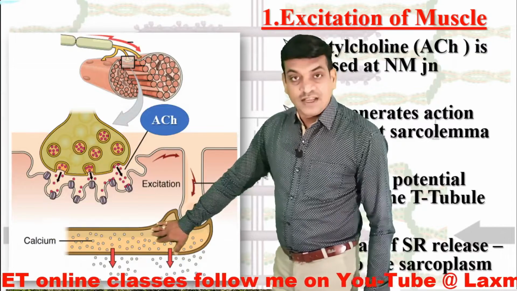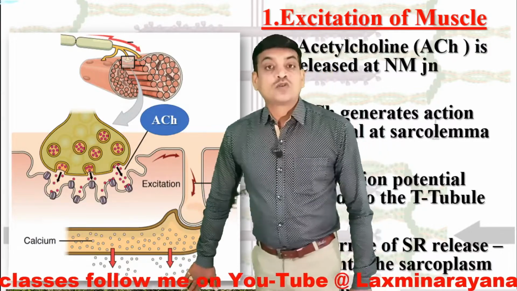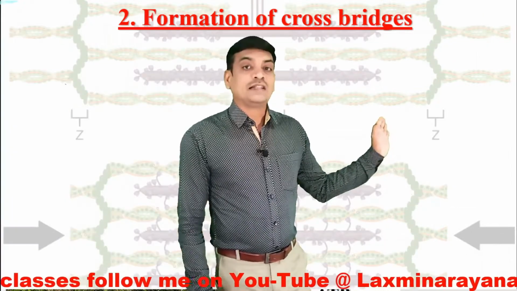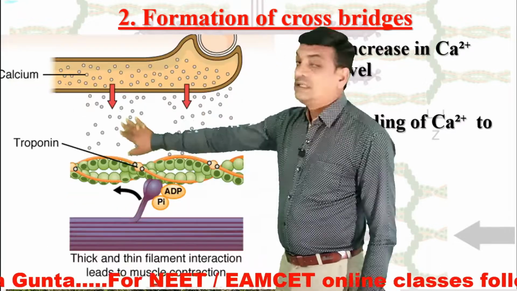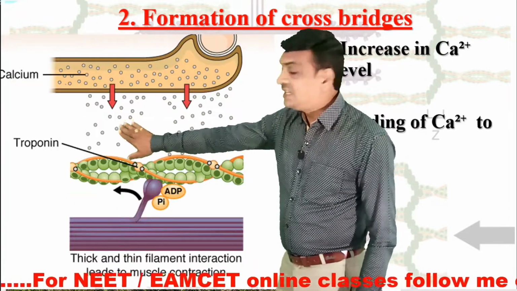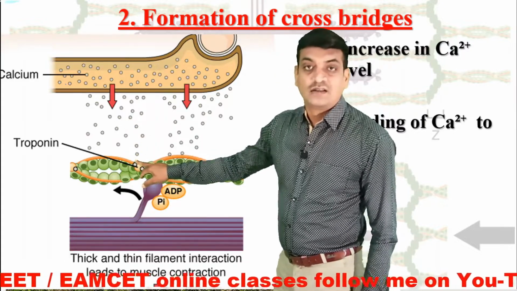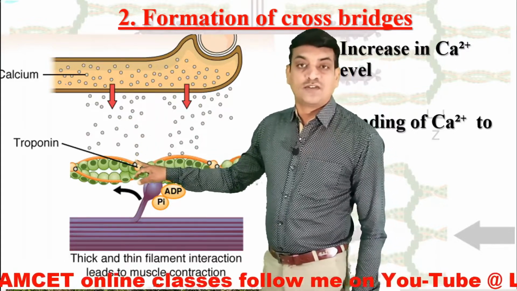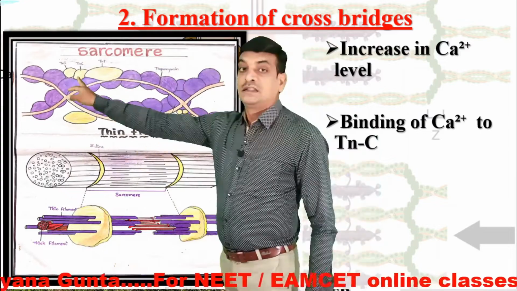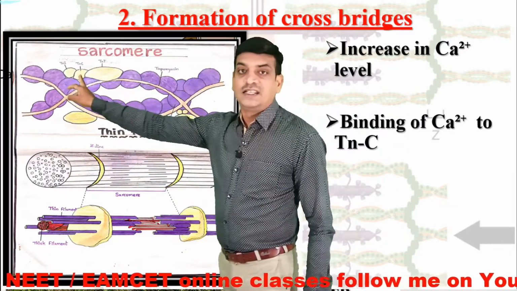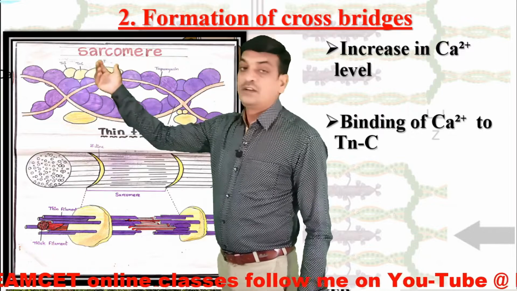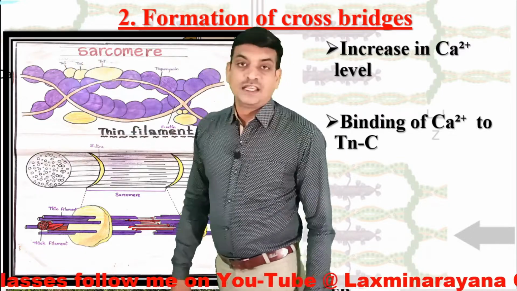These calcium ions reach the sarcoplasm. As the level of calcium ions is increased inside the sarcoplasm, these calcium ions reach the troponin C. Troponin complex we have studied in our previous segment. These calcium ions bind to the troponin C. C for calcium, T for tropomyosin, I for inhibition.